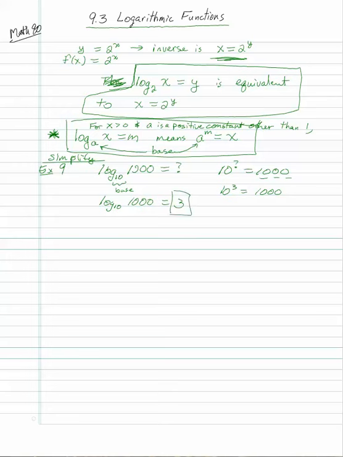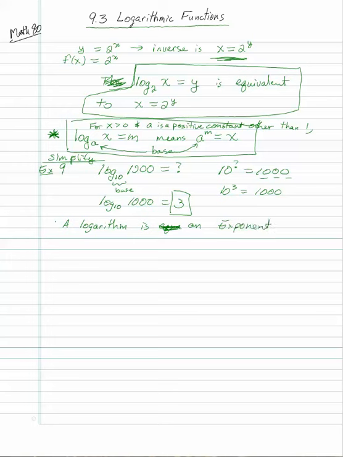And I want you to get this ingrained in your head. You're going to hear me say this over and over again. A logarithm is an exponent, or you can say equal to an exponent.